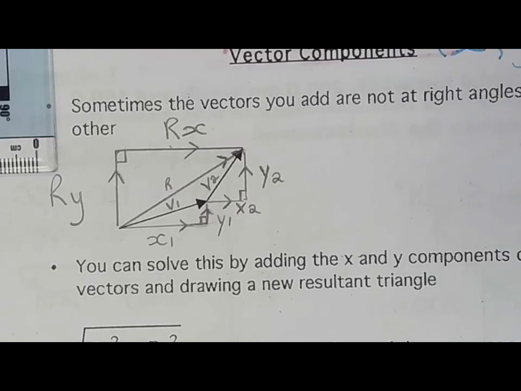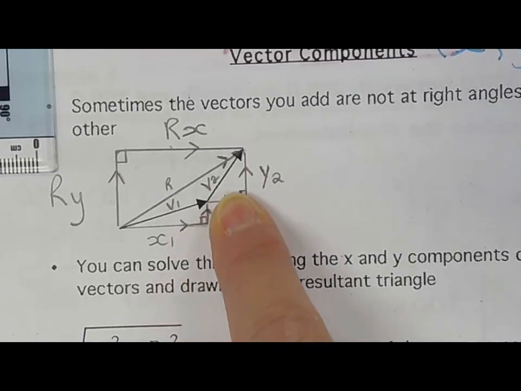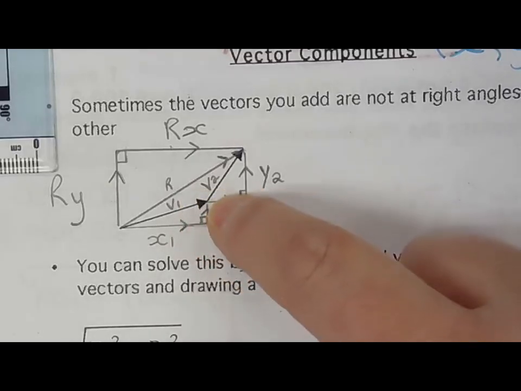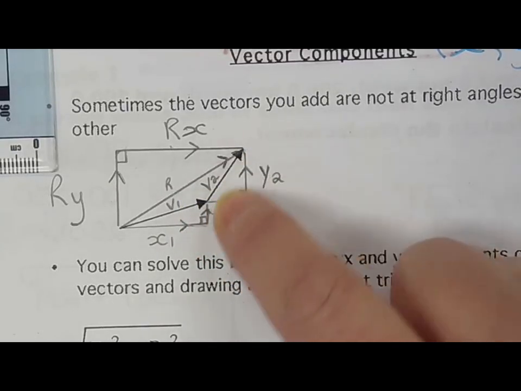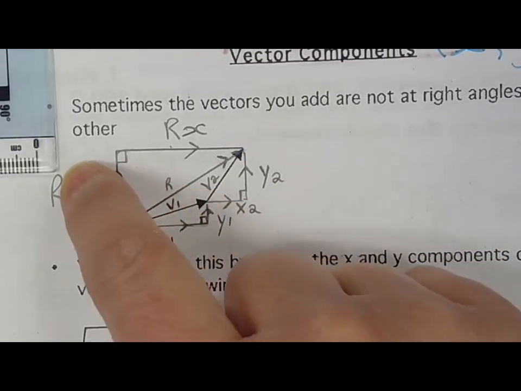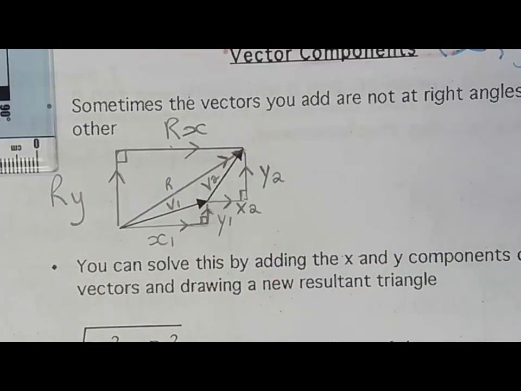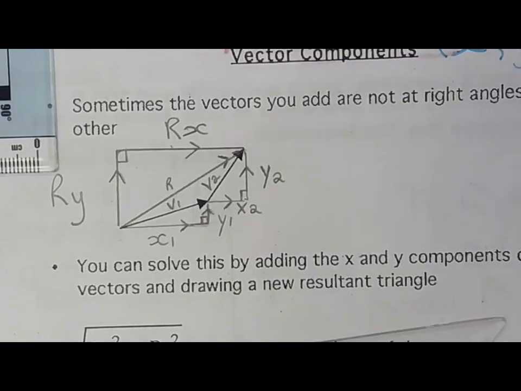In this example, both of these vectors are in the same direction. That's not always true. So vector 1 is going northeast, and vector 2 is also going northeast. But I could have vector 2 going back the other way or downwards. You'll see lots of different examples. So in this example, they happen to be going the same way, which is really convenient because it makes it very easy.